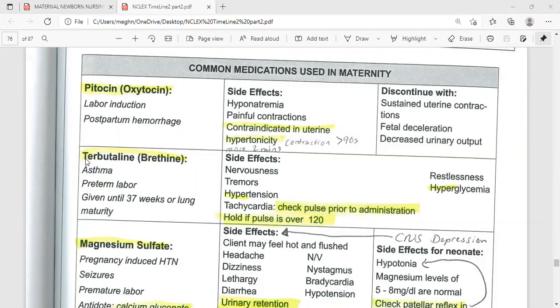So that's how you say terbutaline. The pronunciation is T-E-R-B, and also U-T-A-L-I-N-E, terbutaline. So I said T-E-R-B, B is beta agonist. B stands for bronchodilator for the breathing. So terbutaline acts as a bronchodilator.